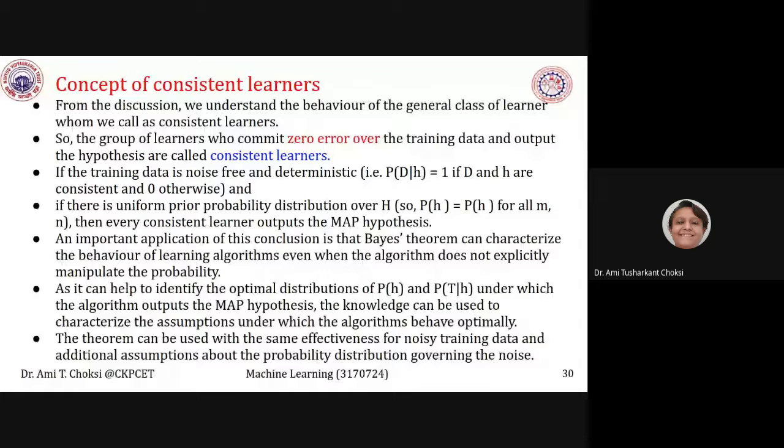For consistent learners. So the behavior of the general class of learner whom we call the consistent learners, that is what we have seen, isn't it?